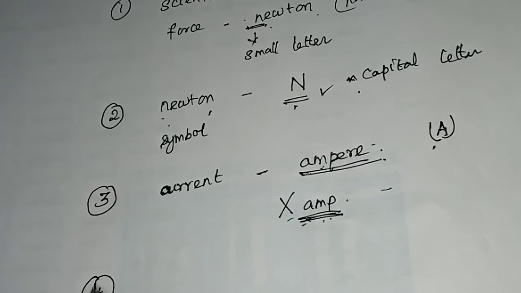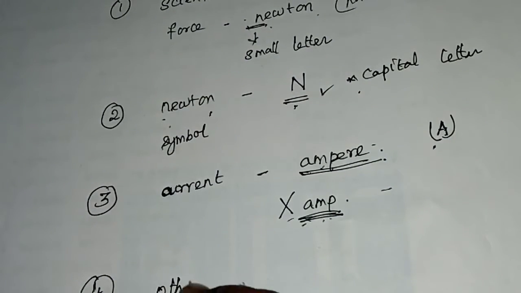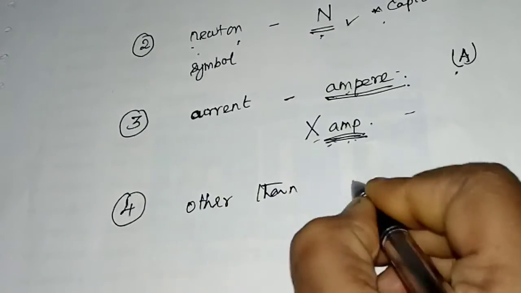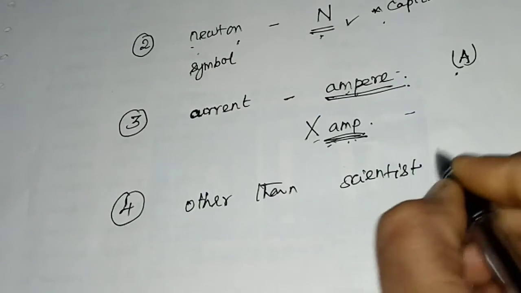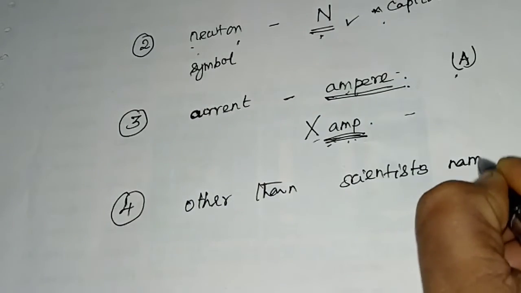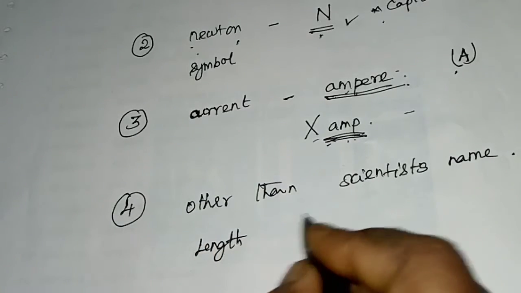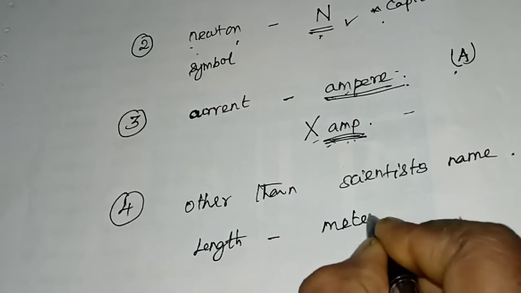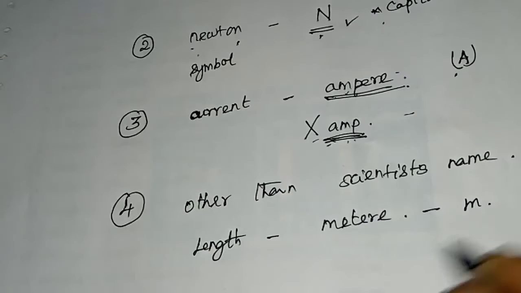And the fourth one: if you write a unit other than a scientist's name, for example, length. If you take length as the physical quantity, the unit is meter, and the symbol is written in a small letter only.